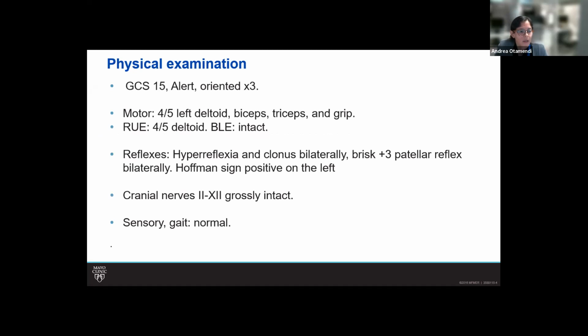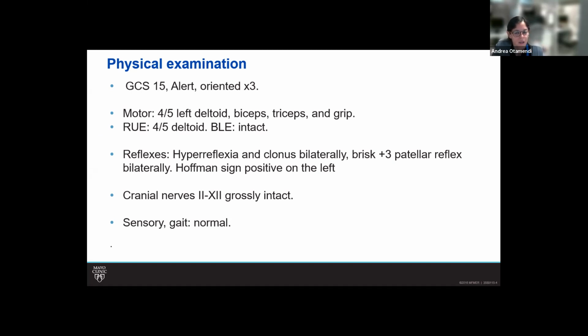On the physical examination, she was oriented and alert. In the left upper extremity, she presented weakness, about 4 out of 5, in the triceps and grip.